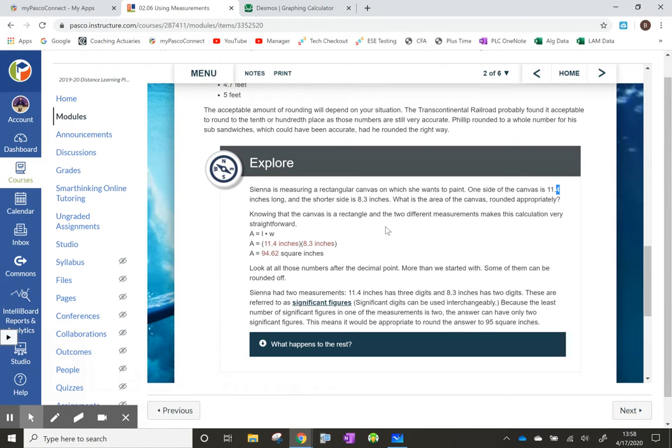Whereas the second number, 8.3, only has 2 significant digits, 8 and 3. So the fewest number of significant digits in a particular number is 2.